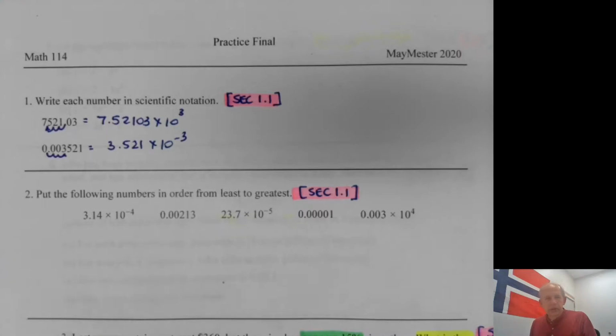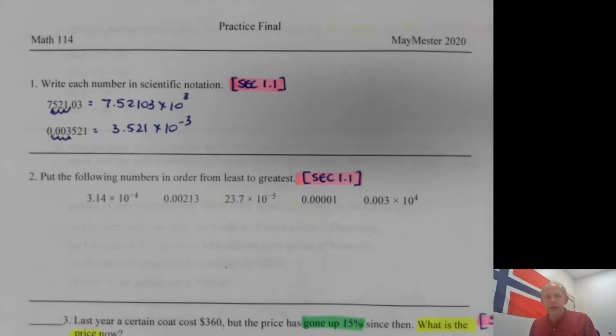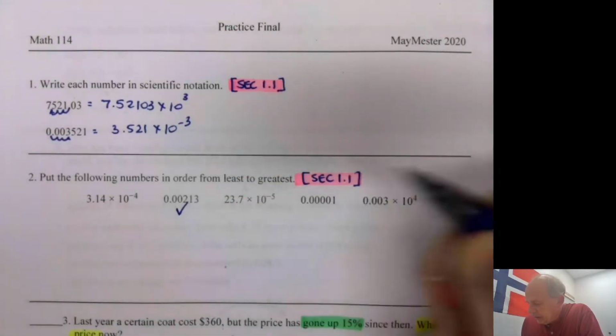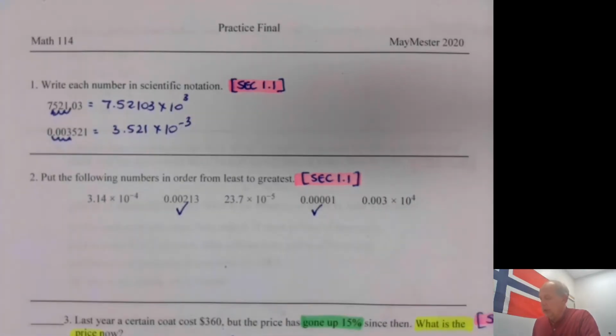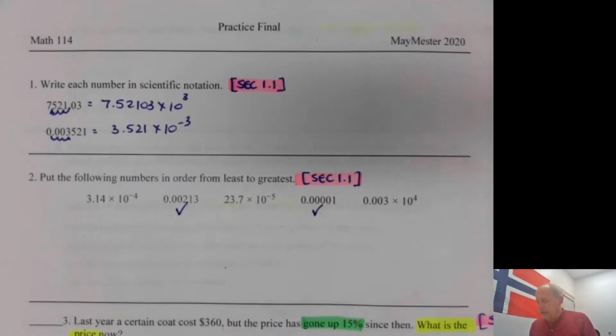Now for number 2, like I said, another one from section 1.1 is to take these numbers and list them from least to greatest. By the way, your final exam will be multiple choice. These first two are not multiple choice, but it will be multiple choice format on your final exam. So here's what we have. I'm going to leave this one and this one alone, written as a decimal.